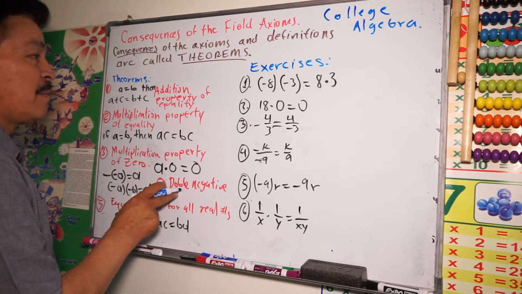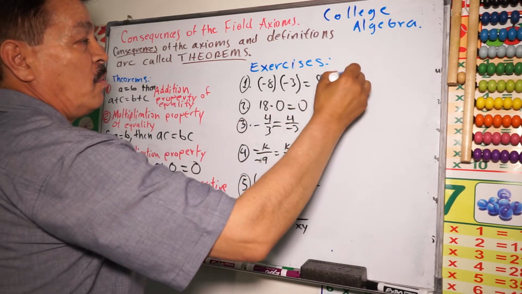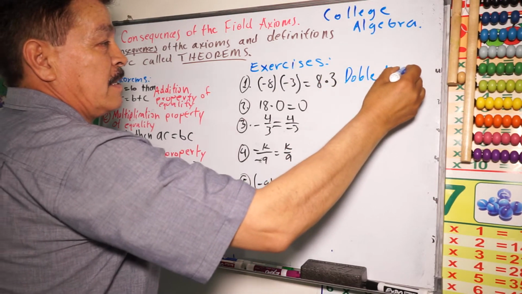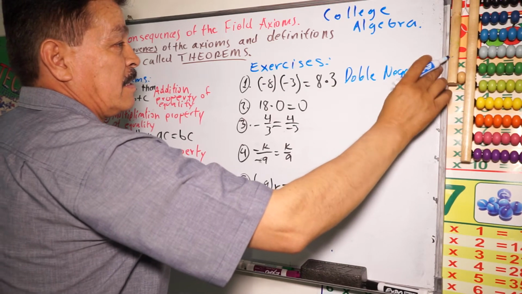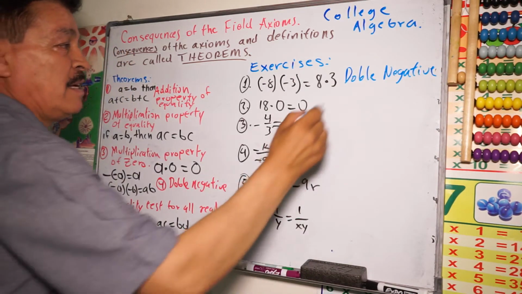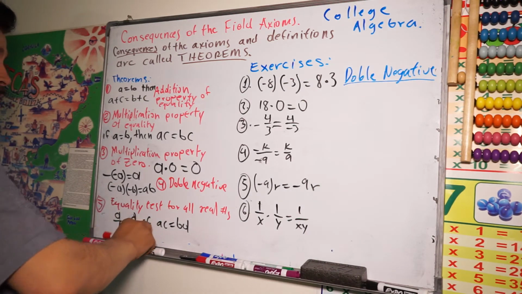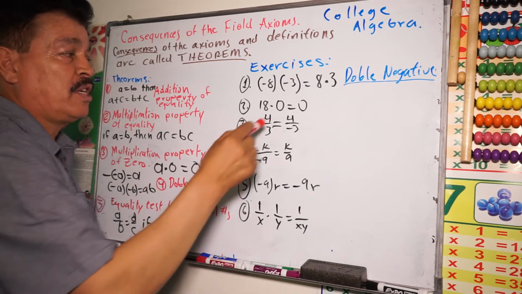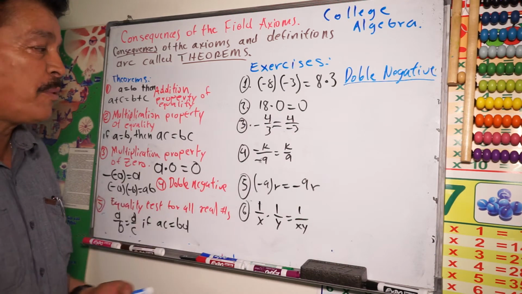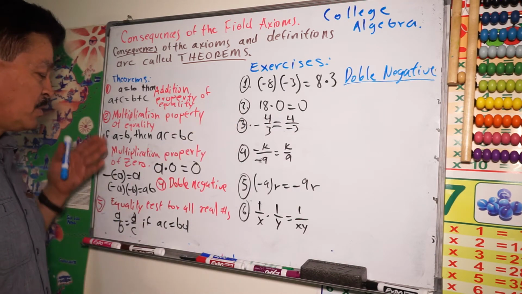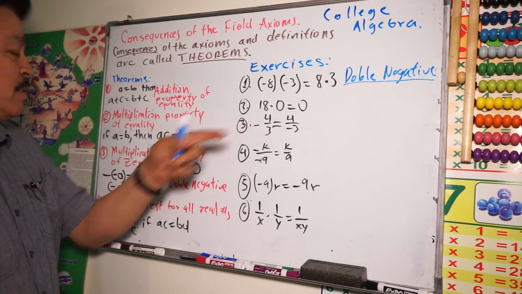This one applies the double negative theorem, right? We have a second problem: a times 0 equals 0. Which property applies here, from the properties that I told you?